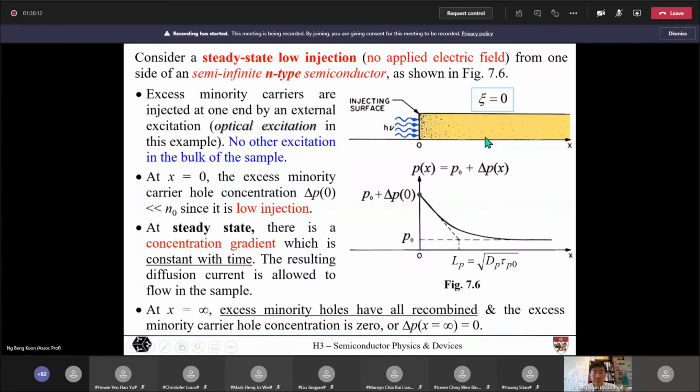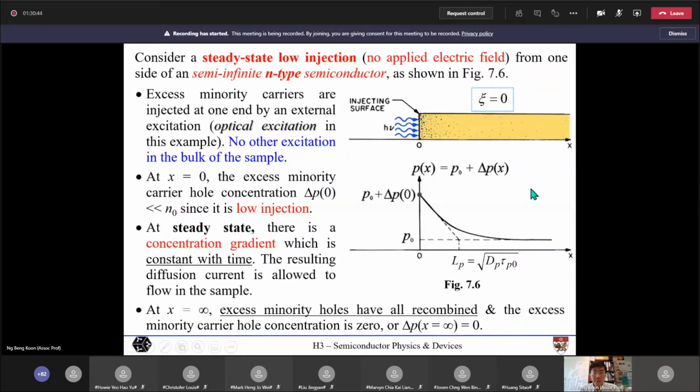The question we're asking is, what is this function for the excess carrier as a function of position in the semiconductor? As this graph shows, if you solve it under steady state condition, you'll find that the excess carriers, as they diffuse, recombine, so the concentration would decrease. You expect it to decrease as it diffuses in the semiconductor, because there's recombination involved.